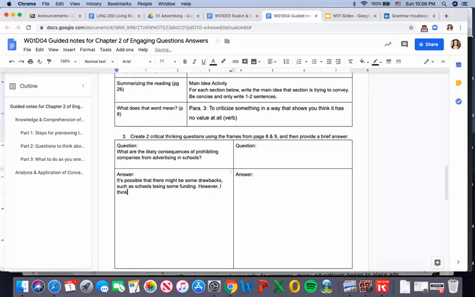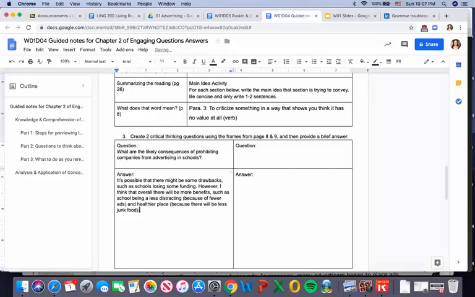However, I think that overall there will be more benefits, such as school being less distracting because of fewer ads, and a healthier place because there will be less junk food.